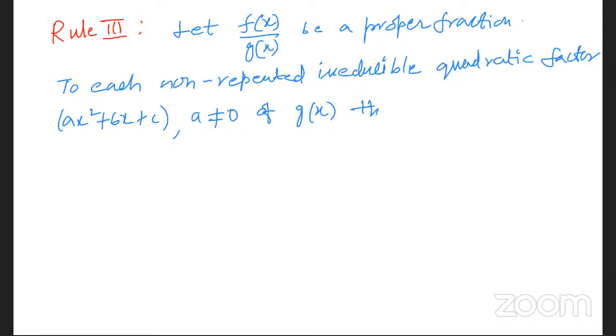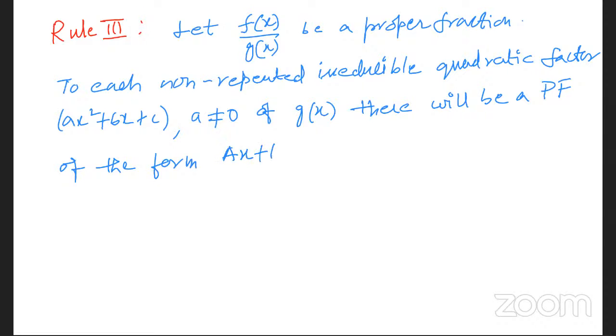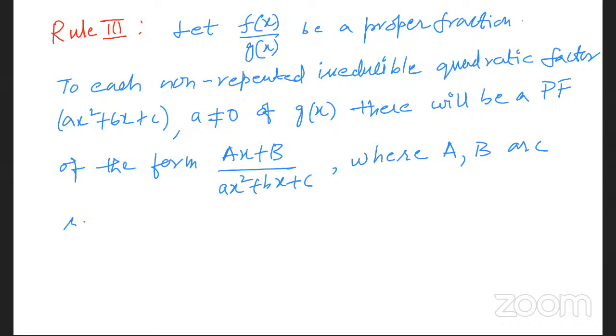there will be a partial fraction of the form (Ax + B) divided by (ax² + bx + c), where A and B are real numbers to be determined.